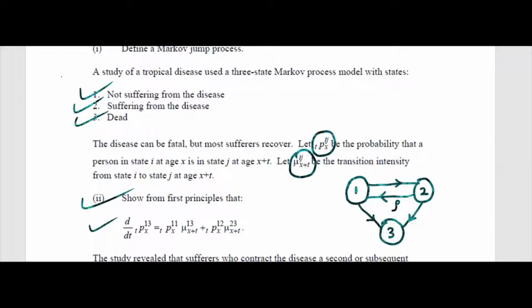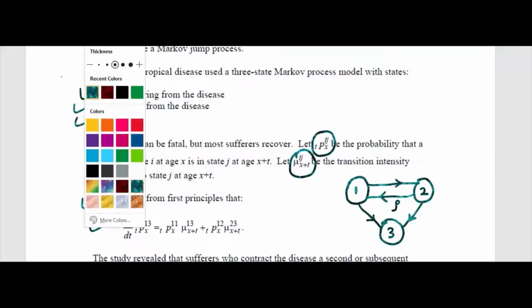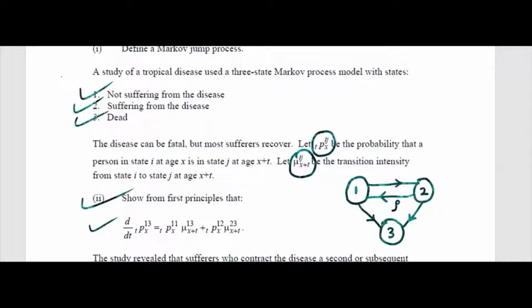If you like to see this way, it will be d by dt of p_xt 1 to 3. If you have problem understanding this kind of symbol, because the problems are fixed and they repeat the same things time and again each year, you can derive this way as well. The time duration is t, x to x plus t, written 1 to 3.